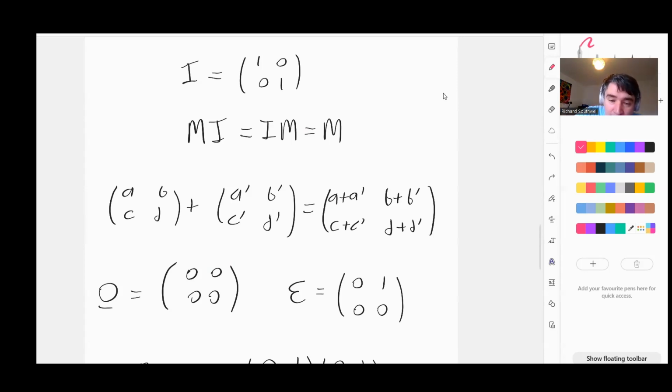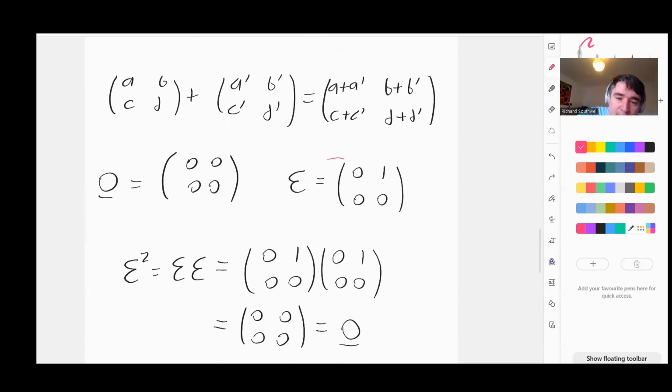So this is one of the most intriguing ones. This is this matrix which I'm going to call suggestively epsilon. Okay, so notice that epsilon is not the zero matrix, but it does have a feature that's kind of similar to the zero matrix.